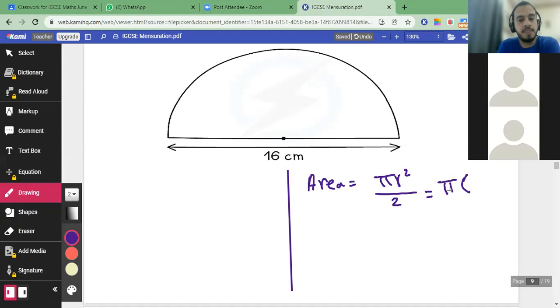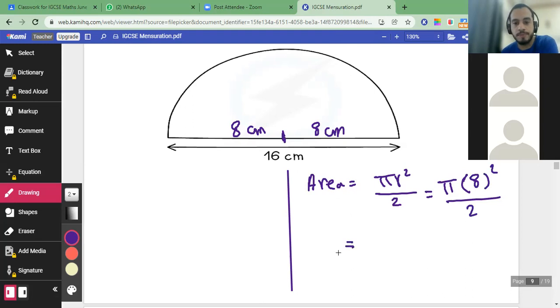16 is the diameter. Then how do I find the r? Divide by 2. So r is 8. 8 squared times pi divided by 2 equals 32 pi.